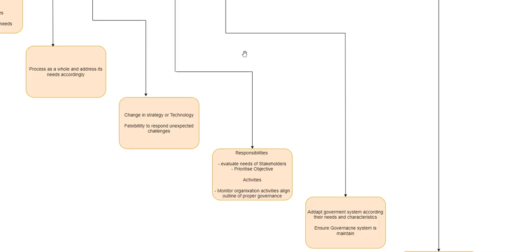Evaluate means ask, survey or compile all the needs and objectives of the stakeholder, then prioritize the main purpose or main objective. The second, activity: monitor organization activities aligned with proper governance. So monitor that company activities align with the proper guidelines.